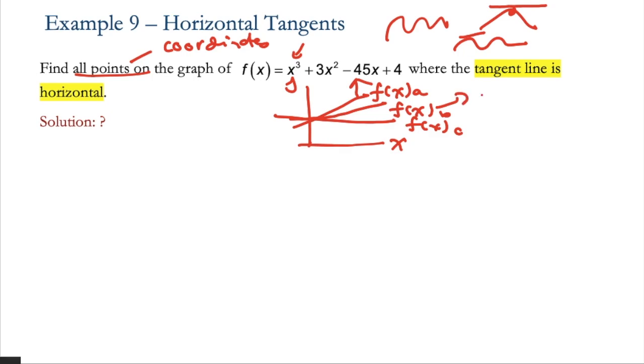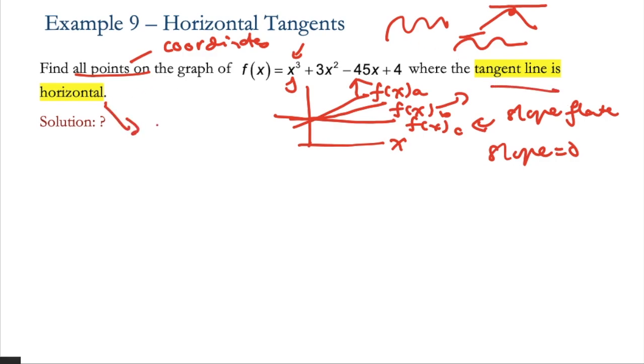For the second one, the slope is a bit flatter. For the last one, the slope is very, very flat. When the slope is flat, the slope is actually 0. No slope because it's flat. So when the tangent line is horizontal, that means the slope is flat. Slope is equivalent to 0. And I told you last time, derivative is the slope. So f prime x is the slope. When the slope is 0, the slope is flat. That's what it means by horizontal line here.